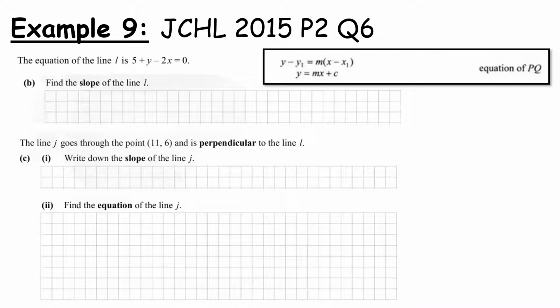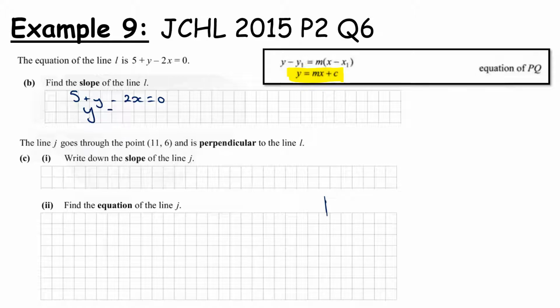So for our last example, let's put everything we've learned so far into practice. Find the slope of line L. When they've given me the equation and I want to find the slope, I'm working with y equals mx plus c. So I have 5 plus y minus 2x equals 0. It's not in the form of y equals mx plus c, but I can rearrange it.